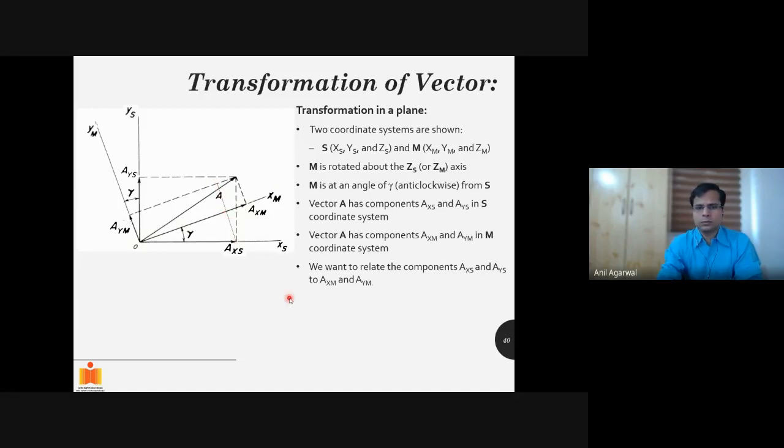Now, can you tell me what this angle is? This angle is gamma. What is this angle?